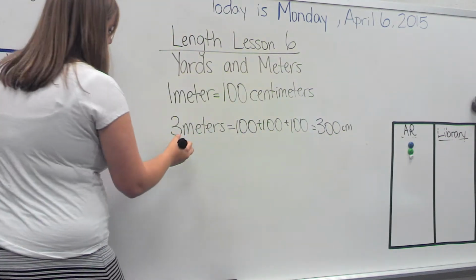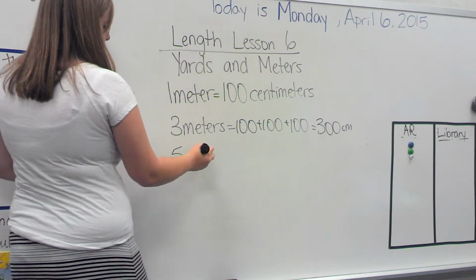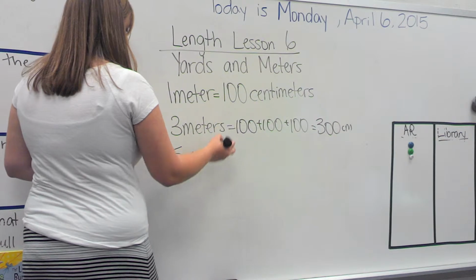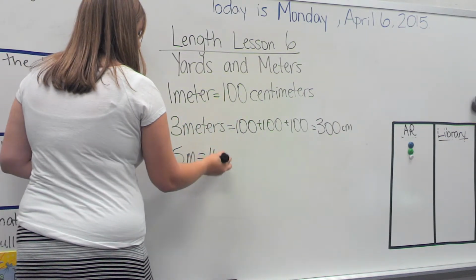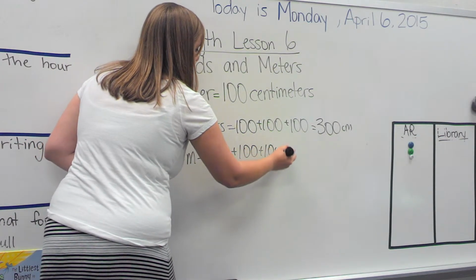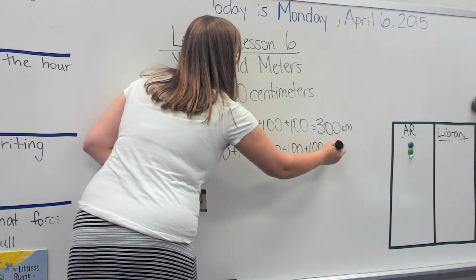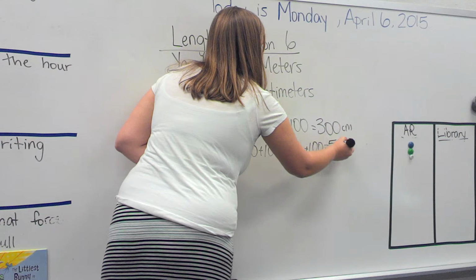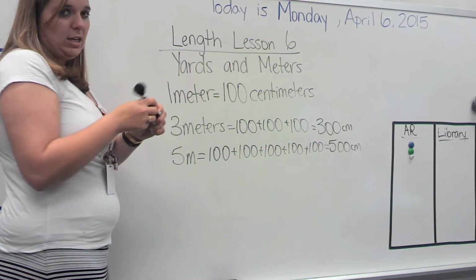Easy. Let's do 5 just like we did with our yard. 5 meters, I can abbreviate that with an M. 5 meters is equal to 100 five times, which is 100, 200, 300, 400, and 500. 500 centimeters. Easy, easy, easy.